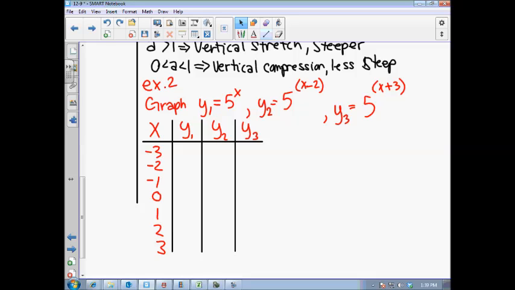They're opposite signs, it's 0. 5 to the 0 power will be what number? Anything to the 0 power is 1. So your first value there is 1. We'll do it again with -2. -2 plus 3, raise 5 to that power.